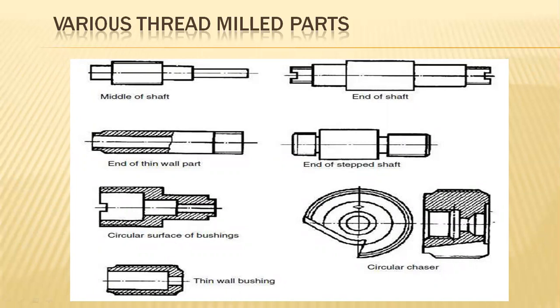See, these are some examples of parts which are manufactured under thread milled conditions: at the middle of the shaft, at the end of the shaft, at both considerations; at the end of thin wall parts, where threadings are necessary up to a particular depth of cut; at the end of stepped shafts for fitting the holes with nut conditions and nut formats; at the circular surface of bushings where it holds the nuts or the screw threadings; thin wall bushings; and the circular chaser.